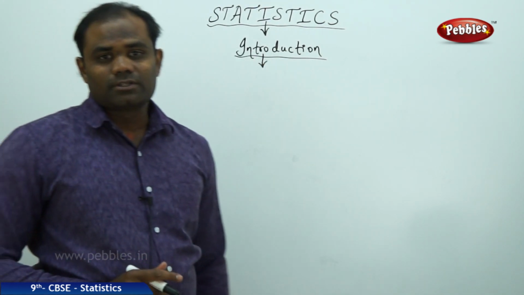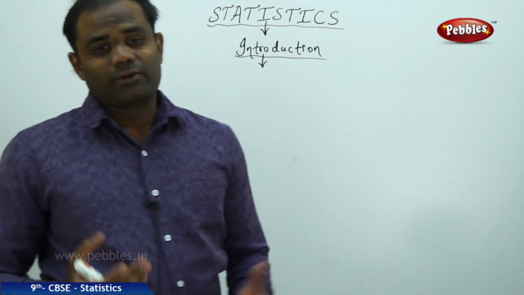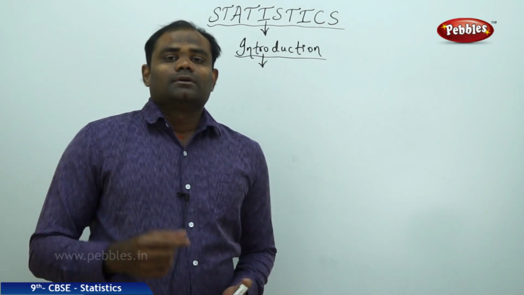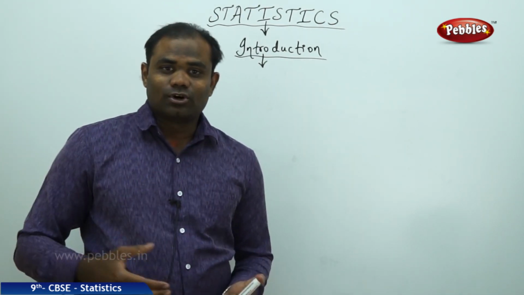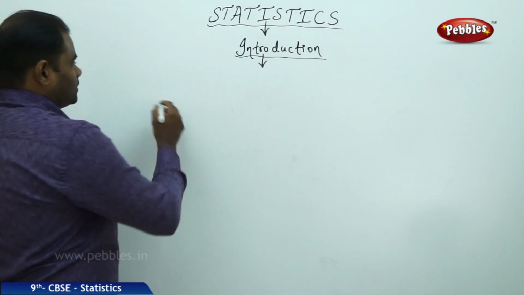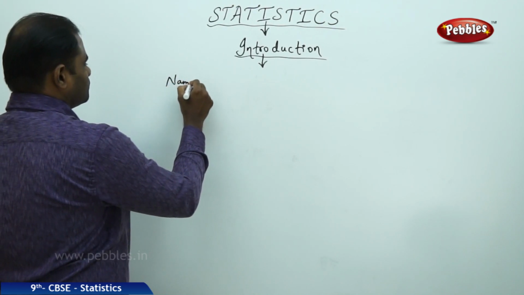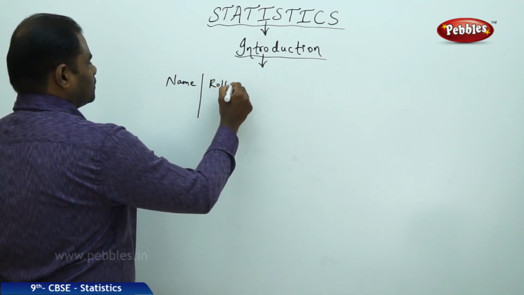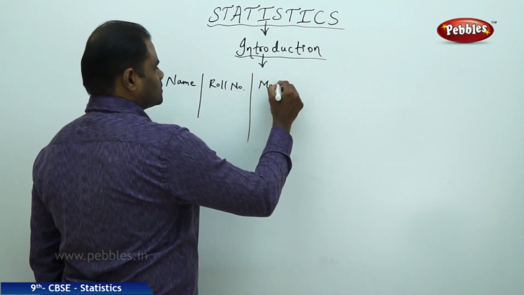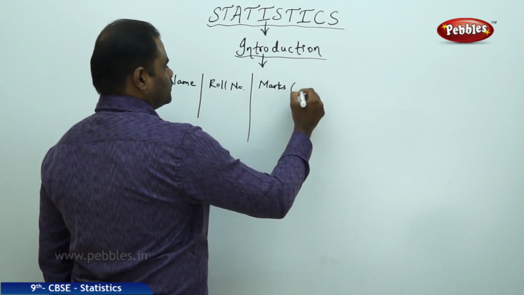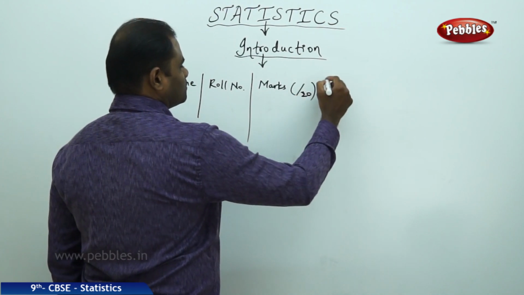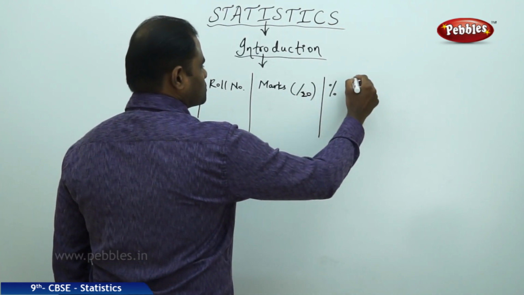So statistics in general sense is about, say for example, we take one real life situation where the teacher makes the list of all the marks of the students name wise. For example, I have the name, the roll number, marks which are calculated out of 20 and then percentage of those marks.